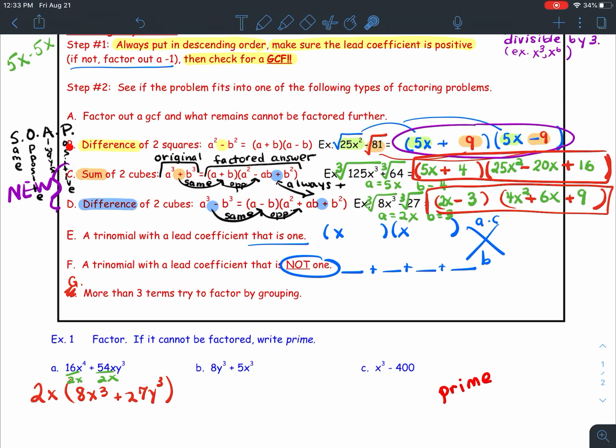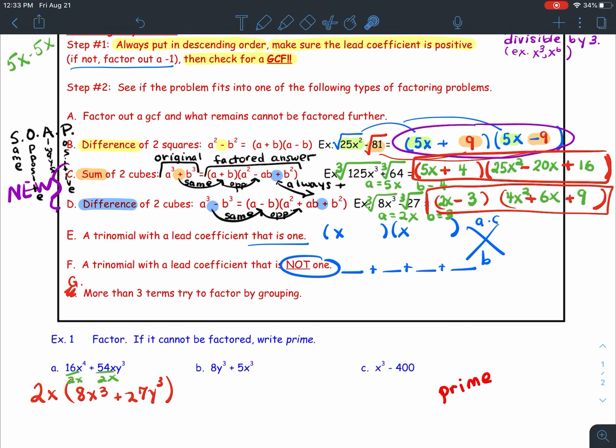Okay, well, when it's a binomial, it would be one of these first three, B, C, or D. These other ones are either trinomials or even bigger. Okay, so it's either going to be one of these three, or it's going to be type A, which is, I took out the GCF and then I couldn't do anything more.